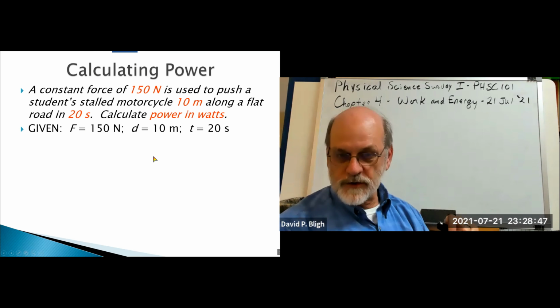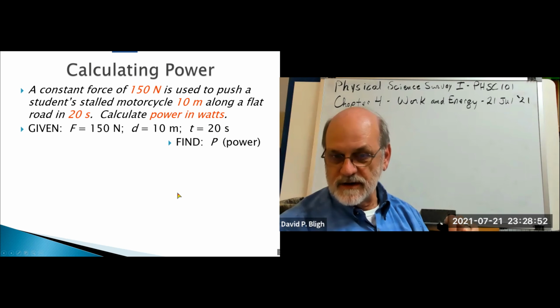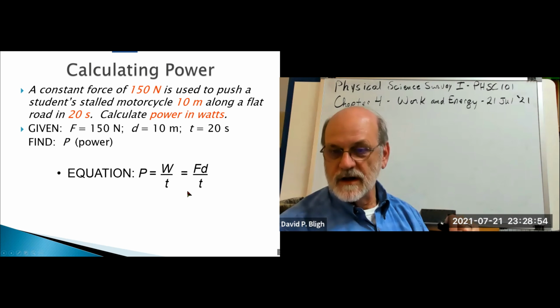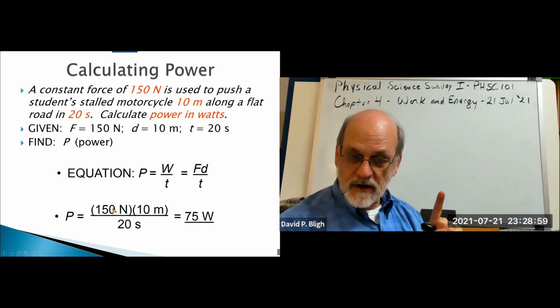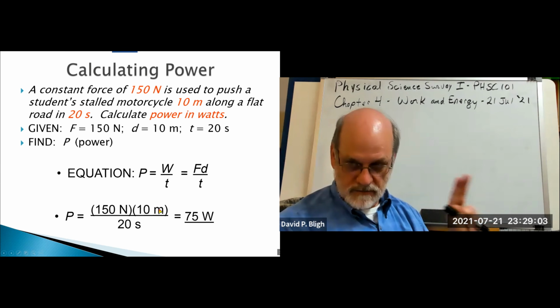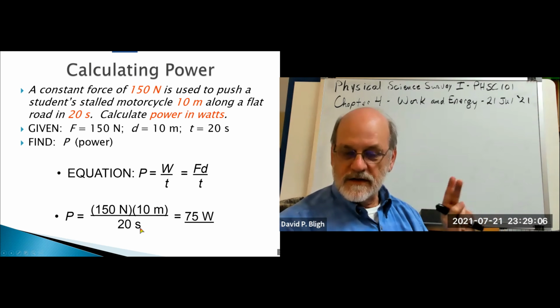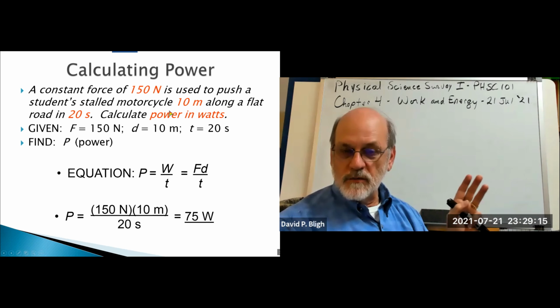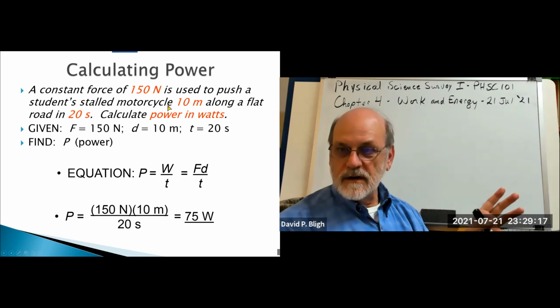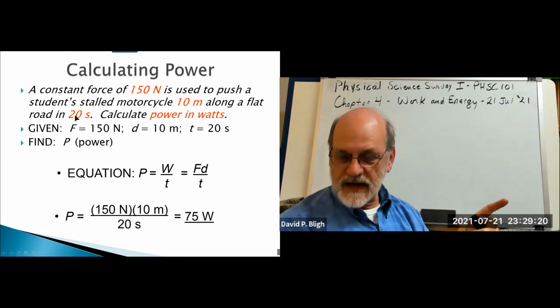There's your force, there's your distance, so that's your work, and this is the amount of time it takes to do it. So it's a very simple calculation. You just have force times distance divided by time, and you check your units. Force is in newtons, distance is in meters, that's the standard unit, time is in seconds, we're good to go. Do the calculation, and the value of 75 watts is the amount of power required to move that motorcycle 10 meters in 20 seconds.